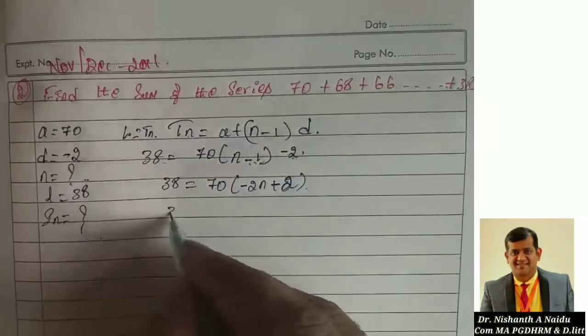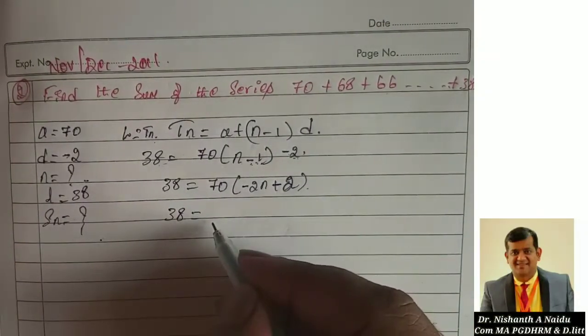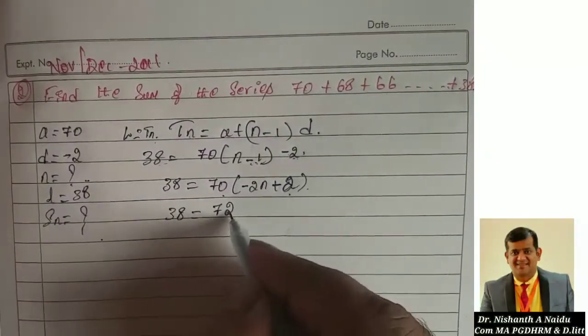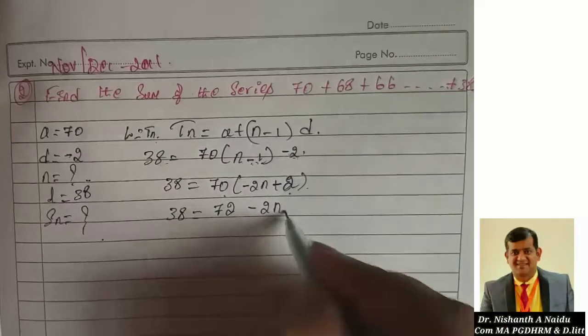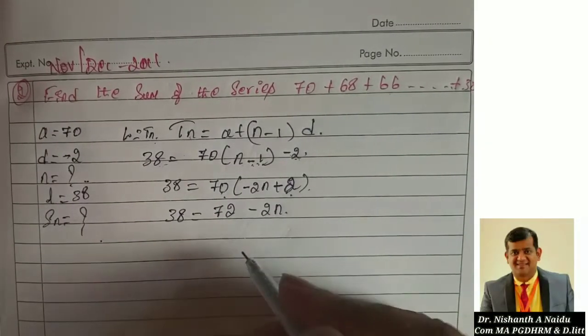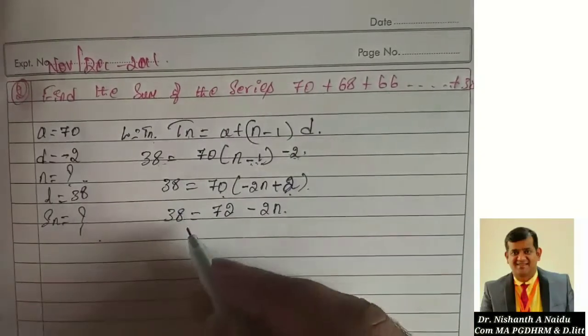So now 38 equals 70 plus 2, that is 72 minus 2n. This plus 2 I have added to the 70, so 72.